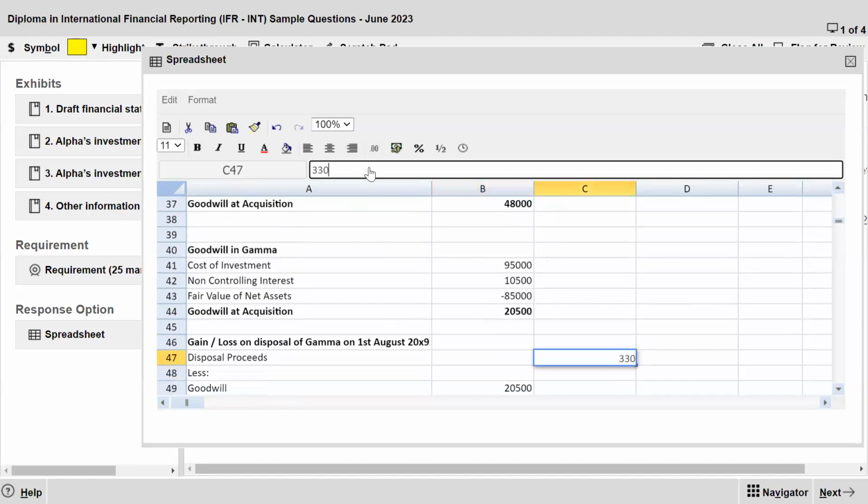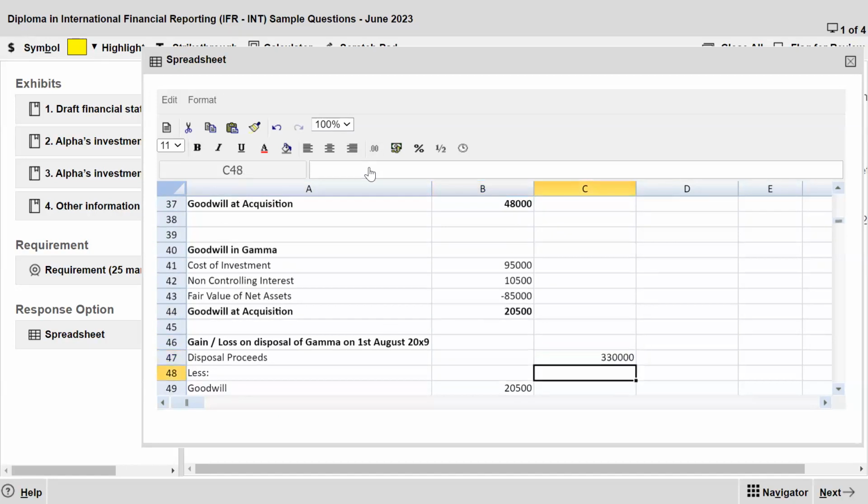So the disposal proceeds are 330,000 because I'm doing all the calculations in terms of thousands.